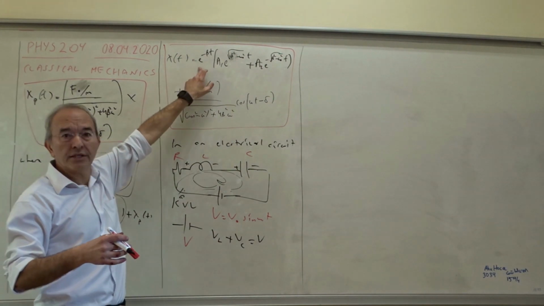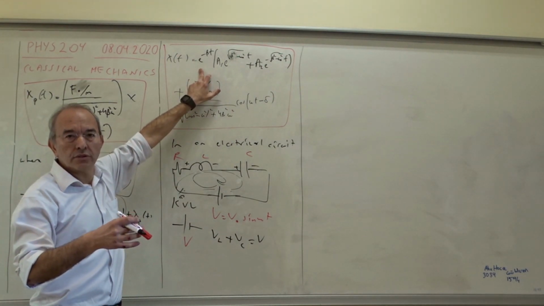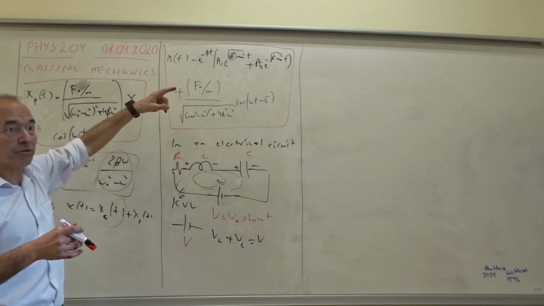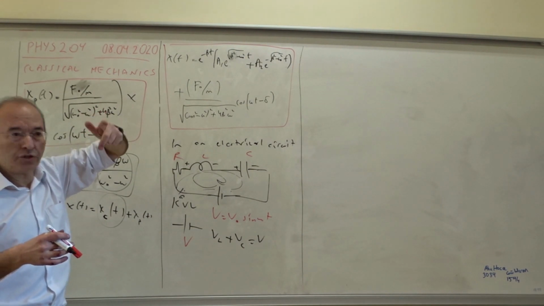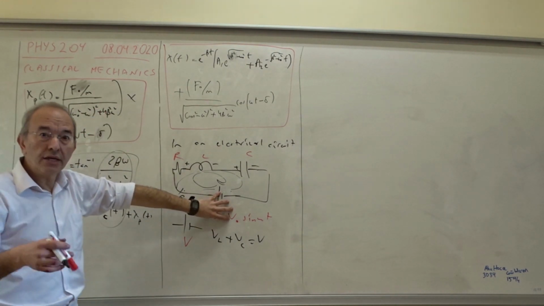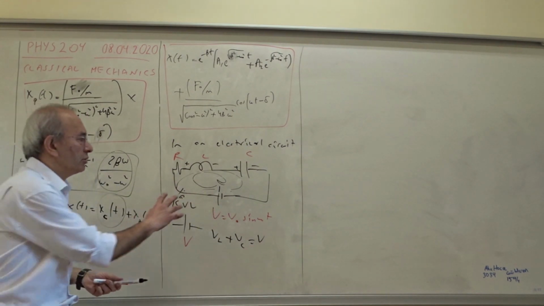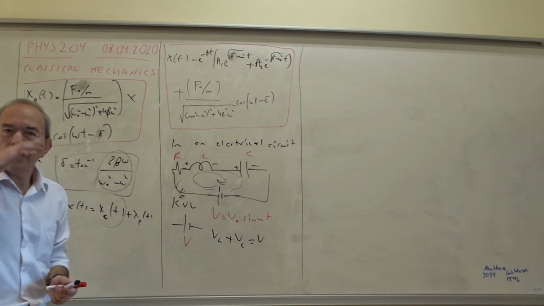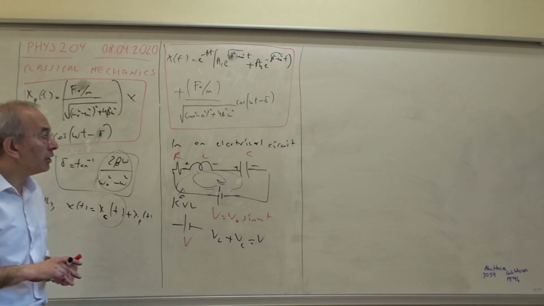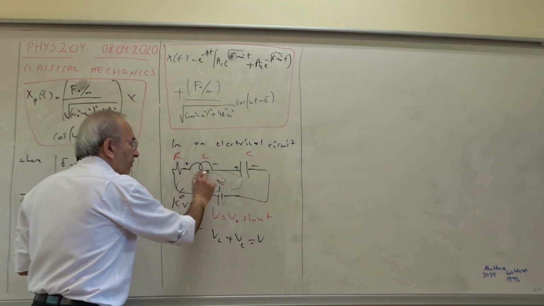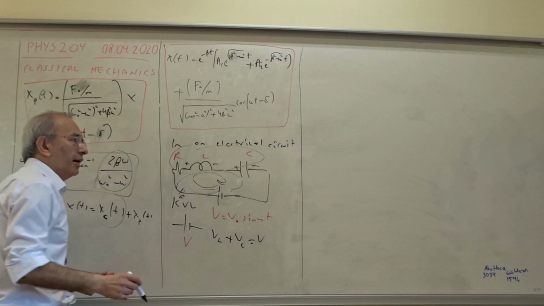One is the complementary solution, which is for the homogeneous part, if you have zero on the right hand side, no source. If on the other hand, we have a sinusoidal potential source, which is sinusoidally changing potential, then we have these elements R, L, and C.